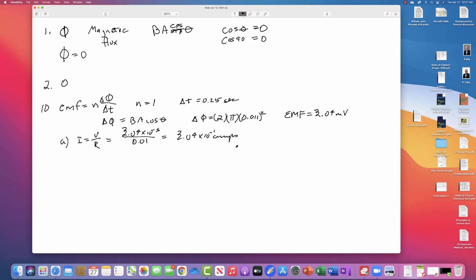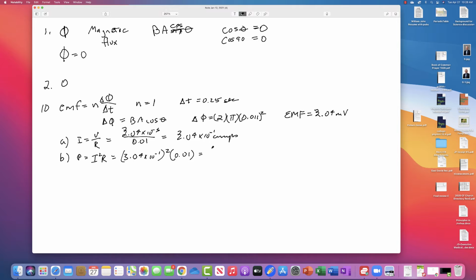I wrote that down wrong. Sorry about that. Okay, so the second question in number 10 is, what average power is dissipated? So P is equal to I squared times R, or V times R. In this case, 3.04 times 10 to the minus 1 squared times 0.01.